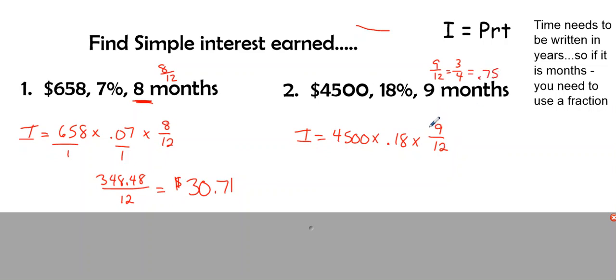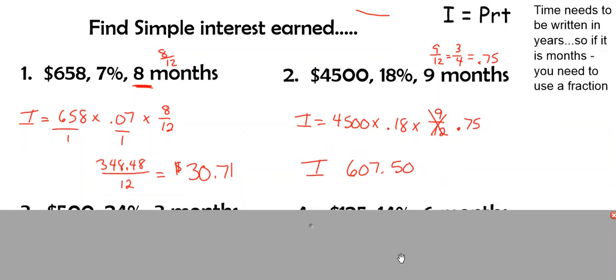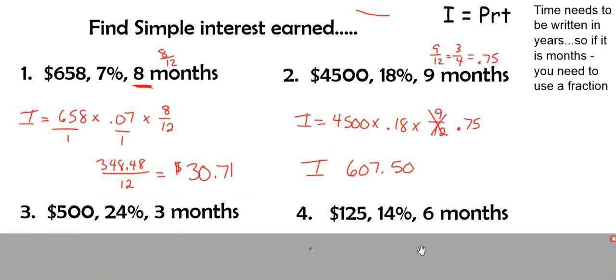So in this case, I'm just going to make it easier on myself, and I'm going to make that 0.75. That's 0.75 of a year. So then I'm going to grab my calculator, 4,500 times 0.18 times 0.75 equals, this would have an interest of $607.50.